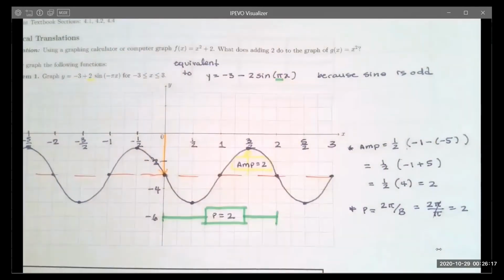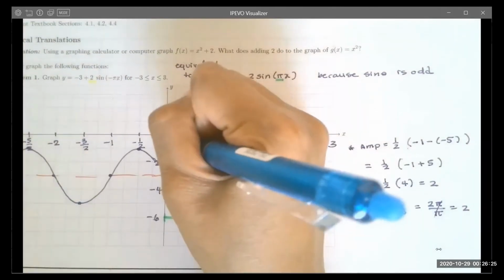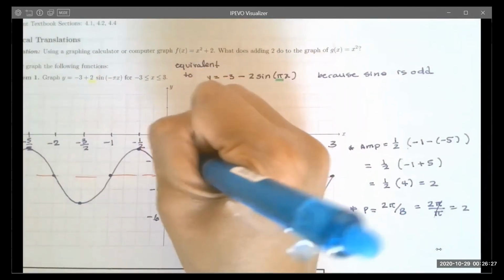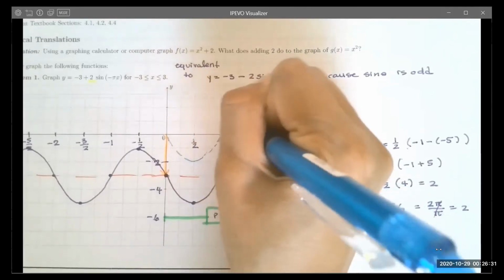The graph originally looked something like this, and I'll draw lightly what it looks like without the shift.